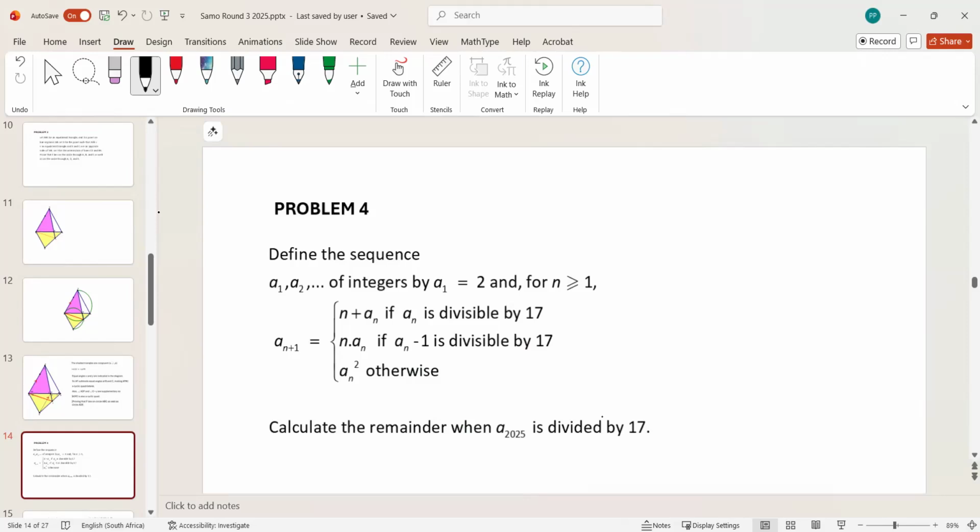And for numbers bigger than 1, you got rules which tell you how to find the n plus 1th term.